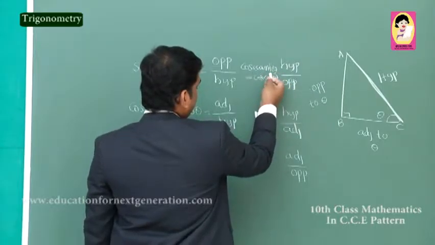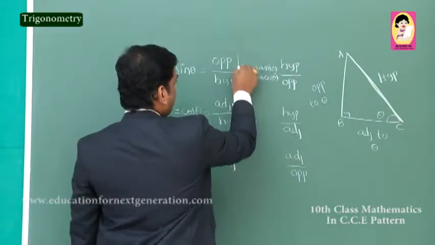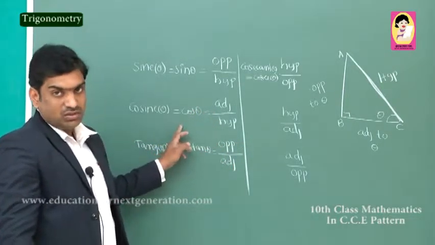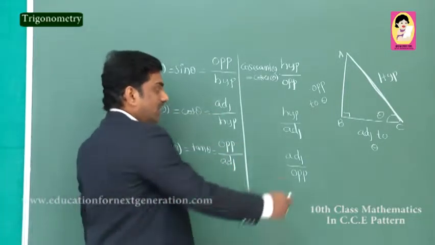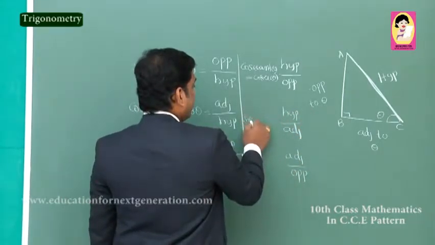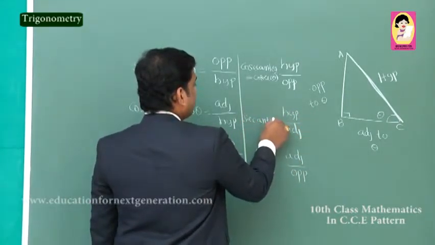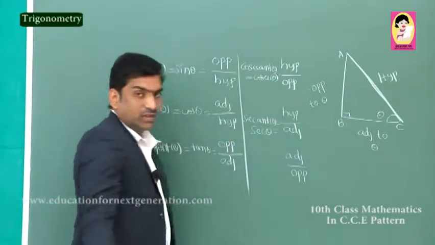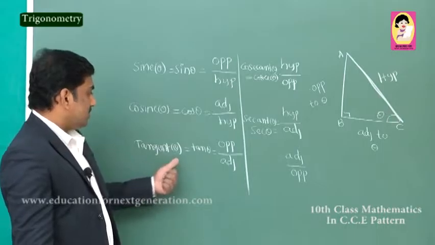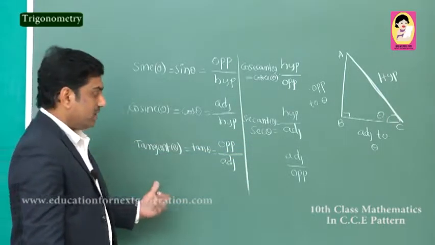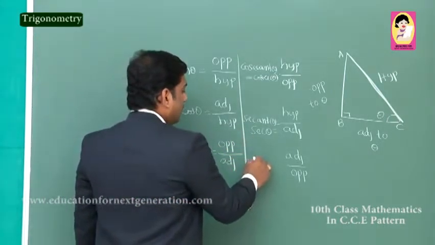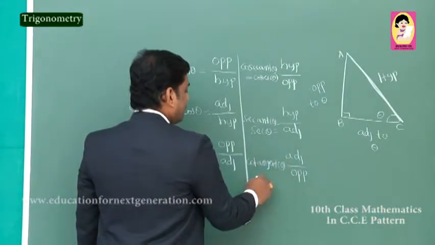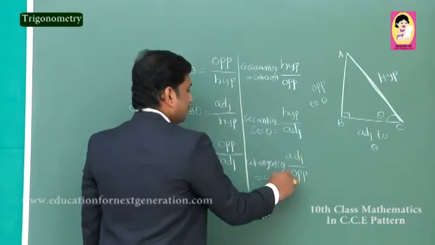The next one is adjacent by hypotenuse, cos theta. Its reciprocal is hypotenuse by adjacent, defined as secant of theta, or sec theta. Last one is the reciprocal of tangent, which we name cotangent of theta, simply cot theta.